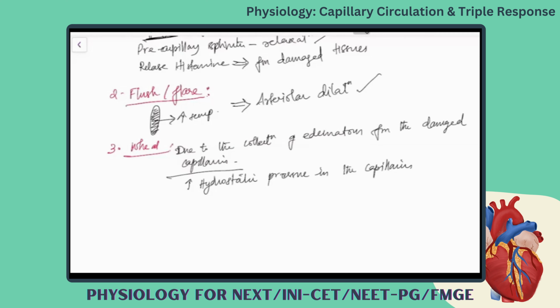But here the damaged tissue and the relaxation of the precapillary sphincters make the blood get engorged in the damaged area, and that finally brings the edematous fluid, the transudate, from the damaged region to accumulate within the skin where you have damaged. So this is about the triple response. Up to this, the cardiovascular system is over.